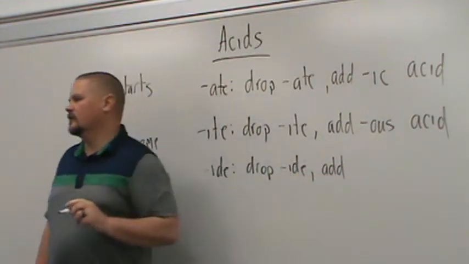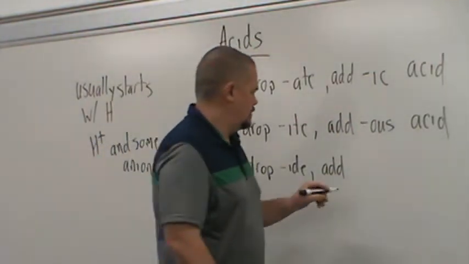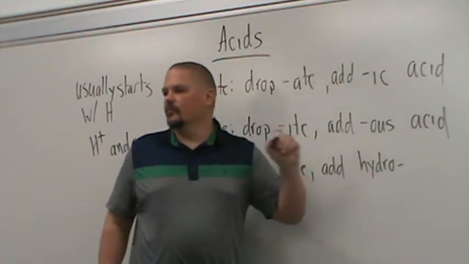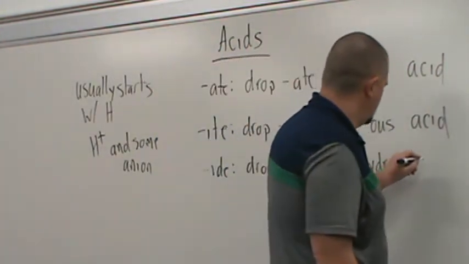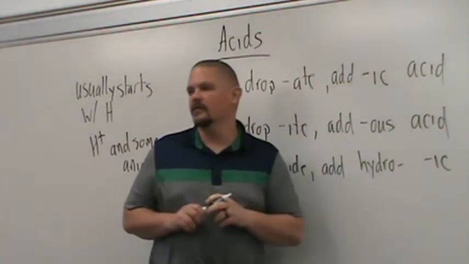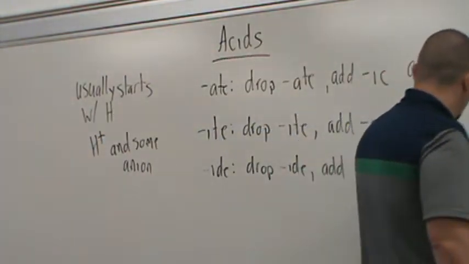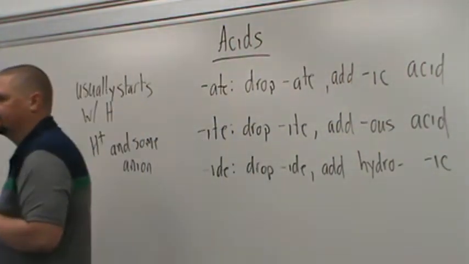And with this one, we're going to add in a prefix as well. We're going to add the prefix hydro to the name and the ending of IC. Then, of course, we write the word acid.